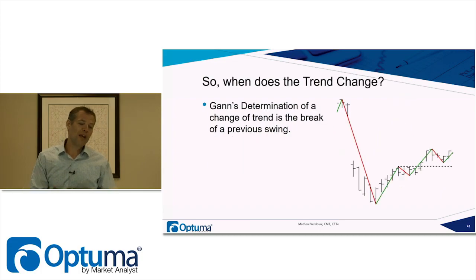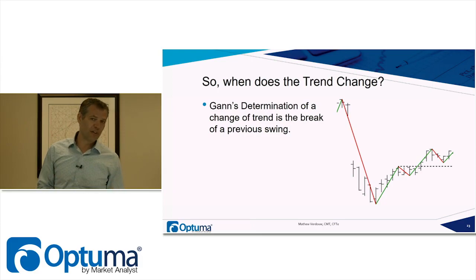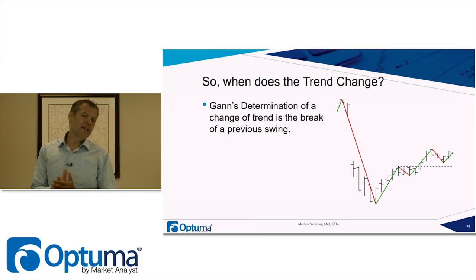All right, so when does the trend change? Now, the most simplistic way of looking at swing charts is, well, whichever way the swing chart is pointing, that's the direction of the trend. It's not actually what Gann did. What he was waiting for was a bit more confirmation. So he would have this idea of, let's get the swing coming in. We've got our swing charts going up, and he wanted to see the first pullback or the first retracement.